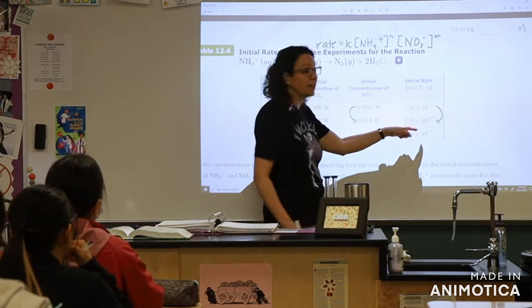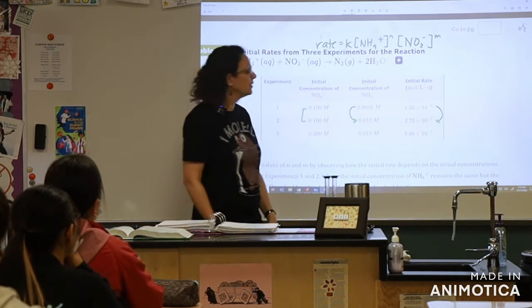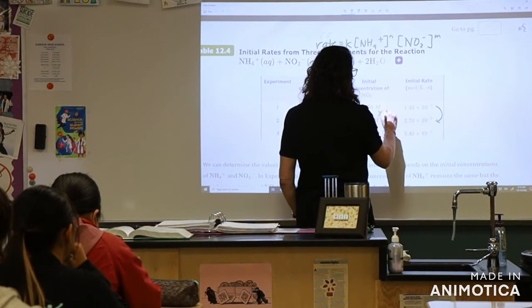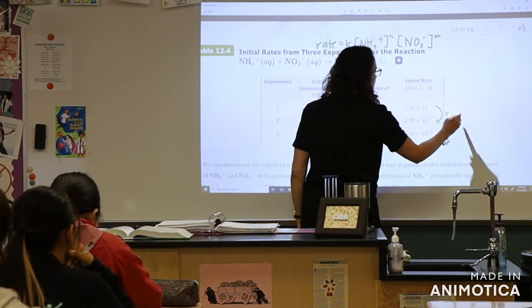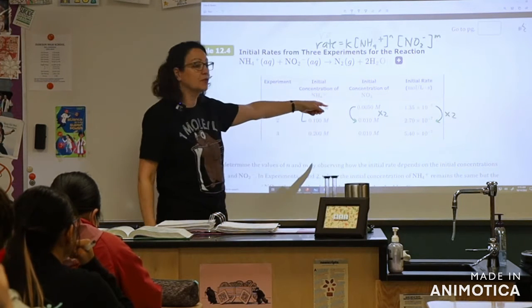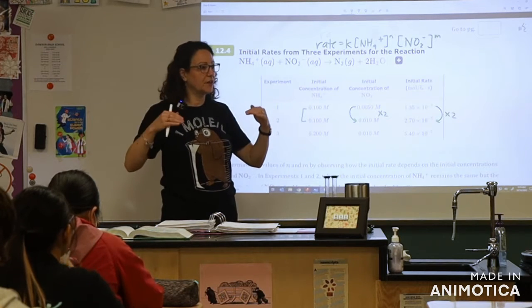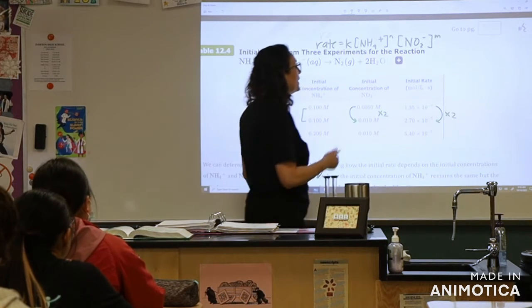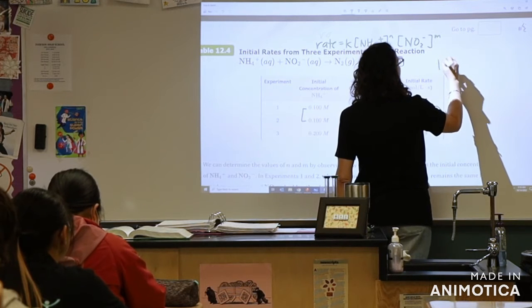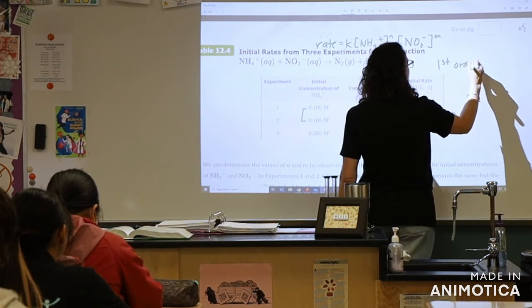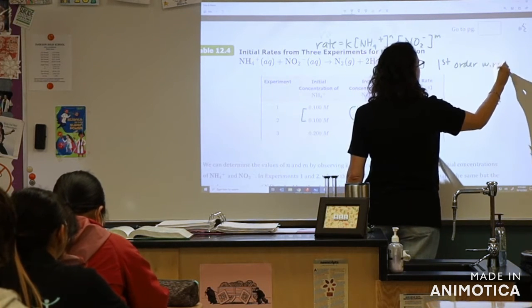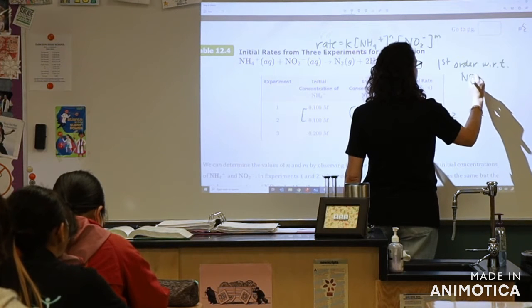What happened here to the rate? It doubled, right? And so if this doubled and this doubled, therefore it must be first order with respect to the nitrite. So do you see how I figured that out without doing all the math? I can just look at it in a logical way. So therefore, it's first order with respect to the nitrite.